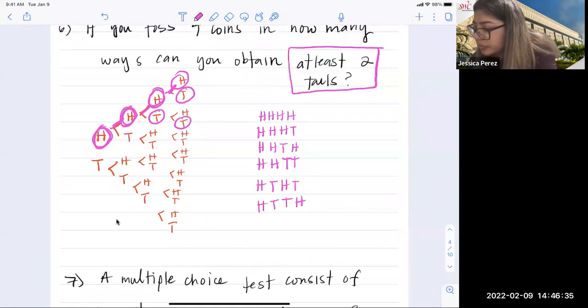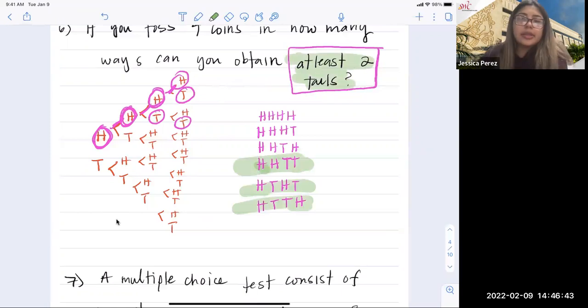And you want at least 2 tails. So you're going to be counting how many tails you have. Okay, so you want to make sure you do that. You're going to go through all of them. So that is your job. You want to make sure you create your own different ones of how many possibilities of 4 different coins you'll have.